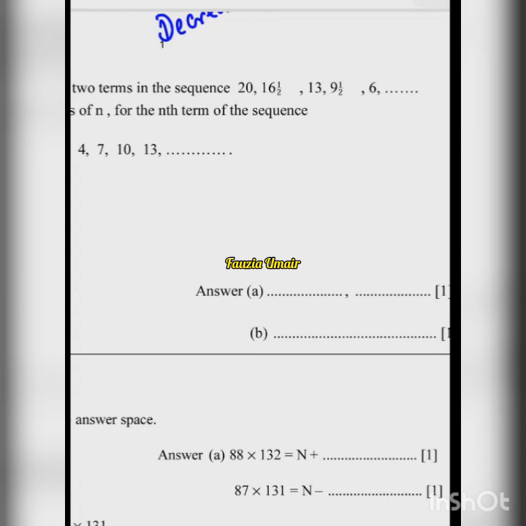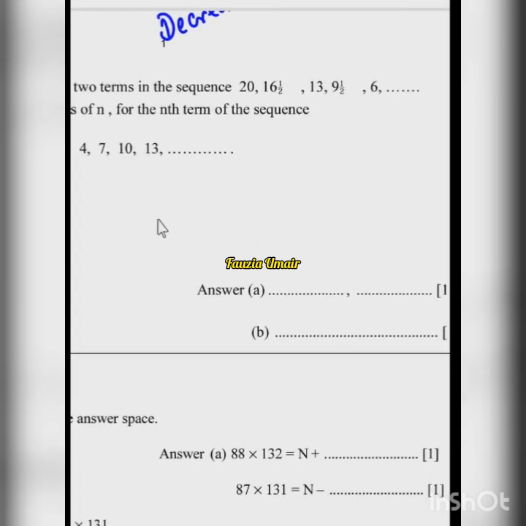Then 9 and a half. Then 6. So my first question is: is this a decreasing sequence or an increasing sequence? Decreasing. Yeah, that's right. It's a decreasing sequence. So if it is a decreasing sequence, which operation am I expecting? Subtraction. That's right.